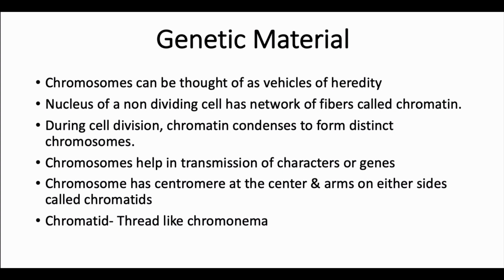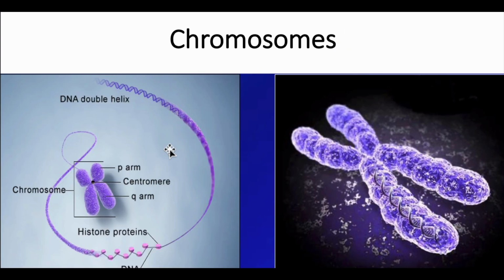We call these the chromatids. And chromatids, you could think of as thread-like chromonema. When you look at the picture, you get a better idea of these. So when you look over here, what do we see?